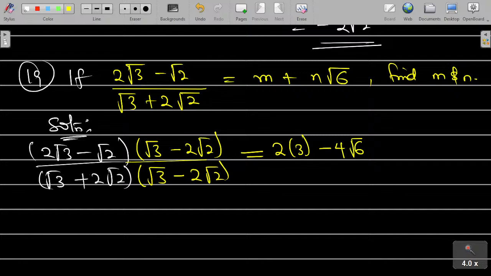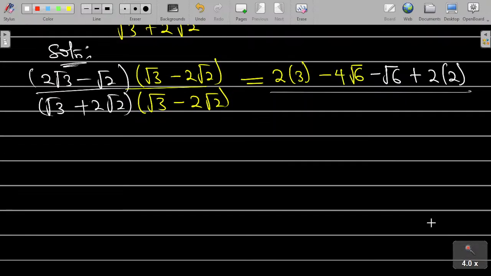Okay, I hope that is clear. Then we go over to this. Minus root 2 times this will be minus root 6. And minus root 2 times this is going to be plus 2 root 4. And root 4 is equal to 2, so I'll remove it and put 2.